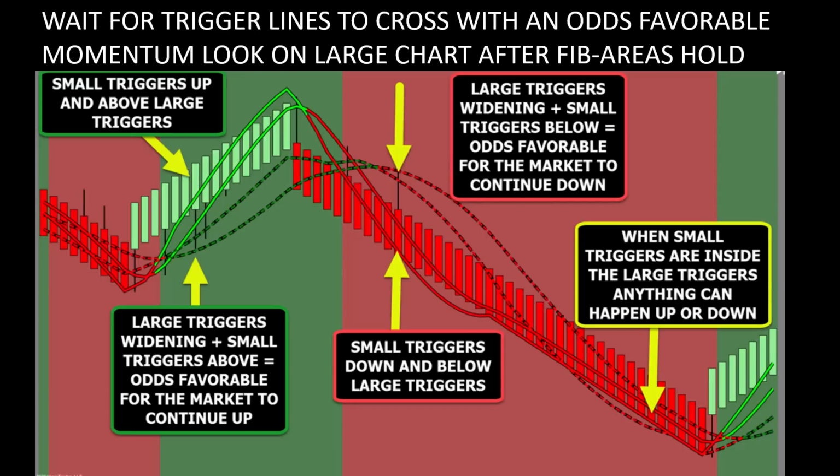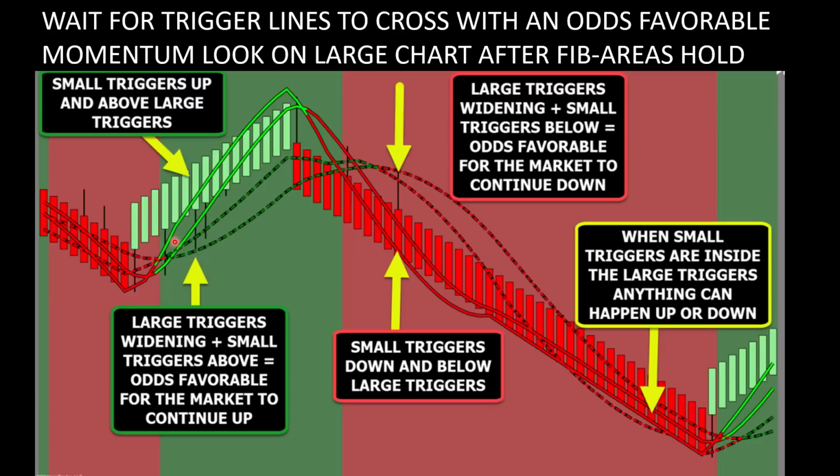Really quick, you're going to see this a trillion times, but what we're going to be waiting for, and I want to talk about it first, is a strong crossing of our triggers with what we call an odds favorable momentum look. And again, I'm going to pull up my pointer here.